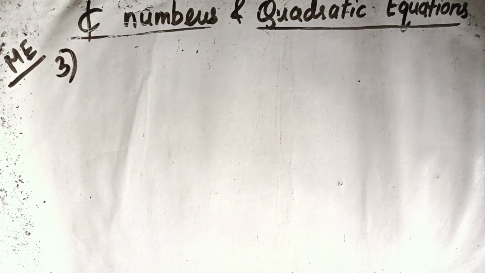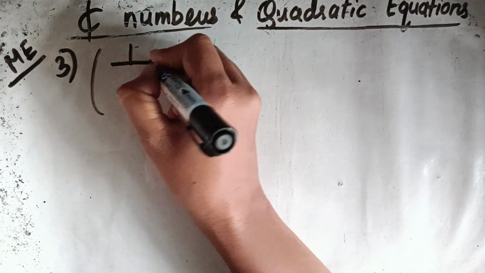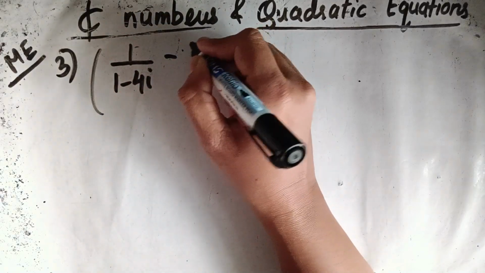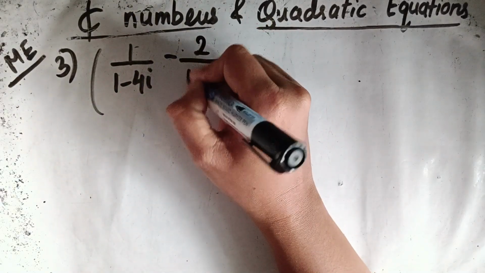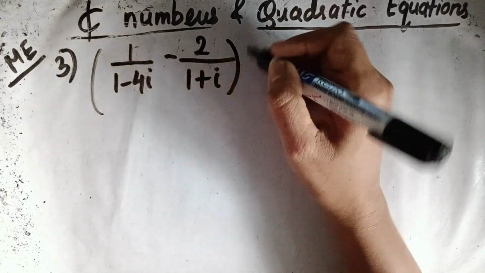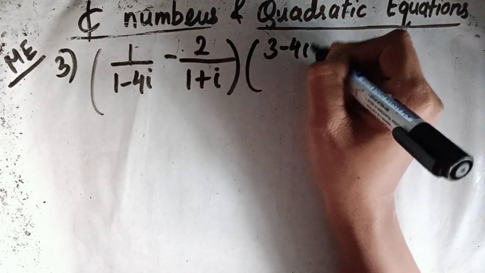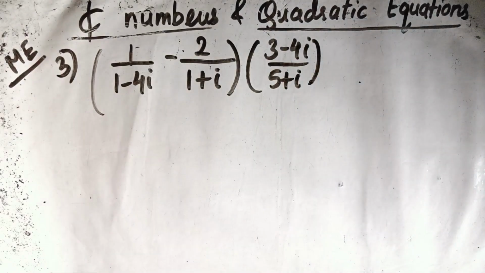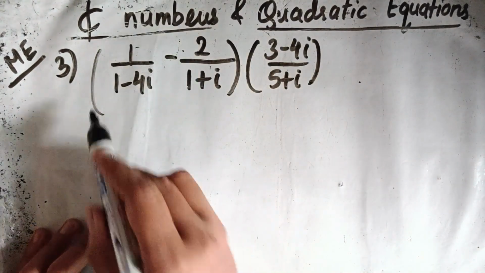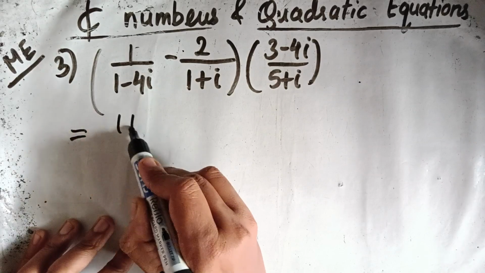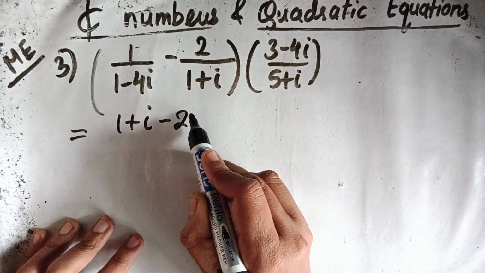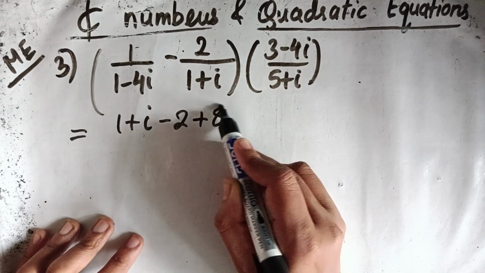Third question. Reduce to the standard form. Okay, so this is given. Okay. So first you cross multiply this to get I minus 2 plus 8i.